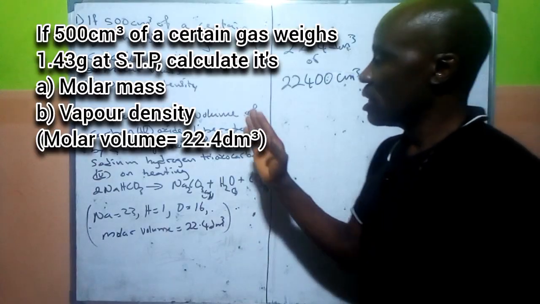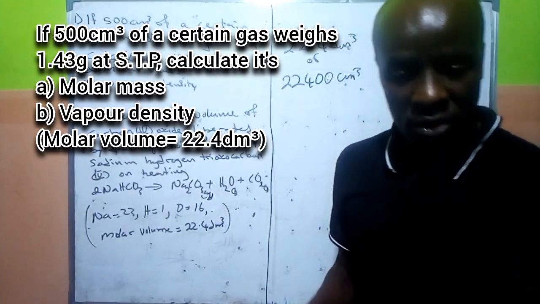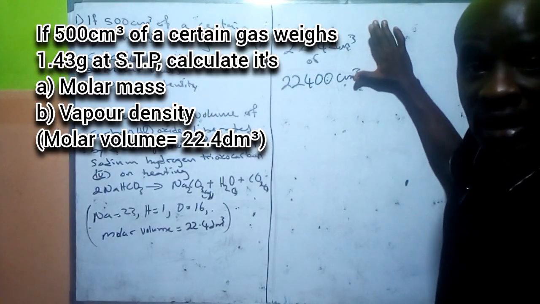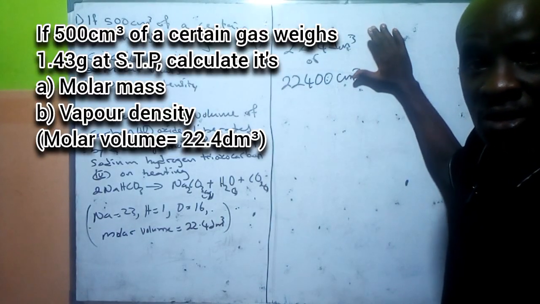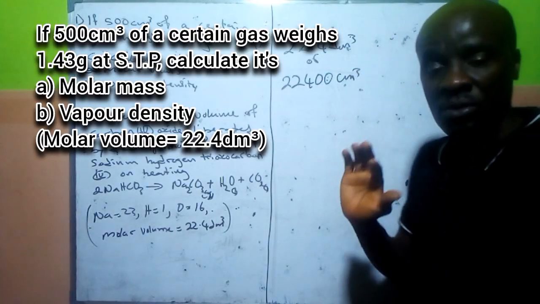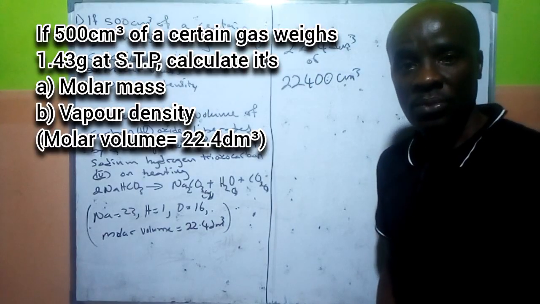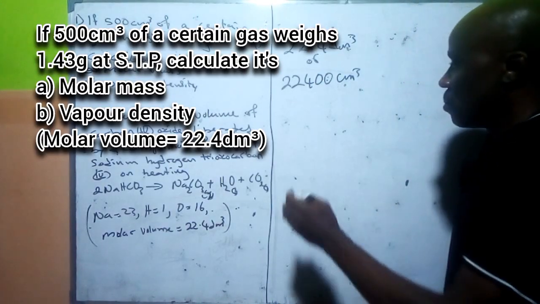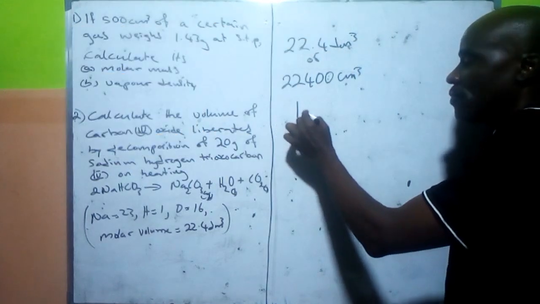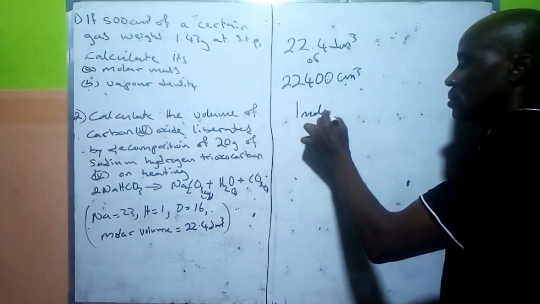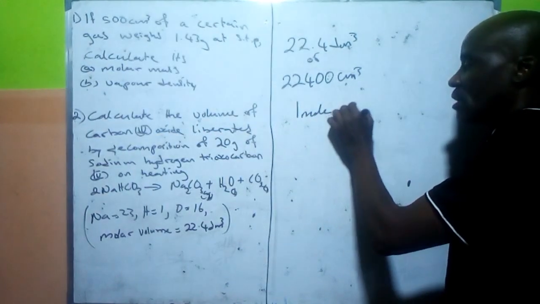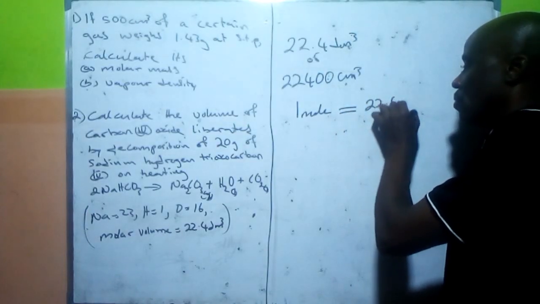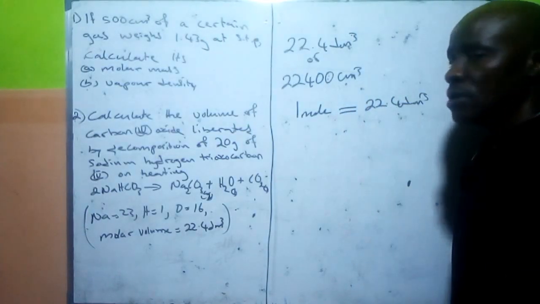Now, as we have already noted, the volume of every gas at STP is equal to 22.4 dm cube. This simply means that 1 mole of every gas at STP is equal to 22.4 dm cube.